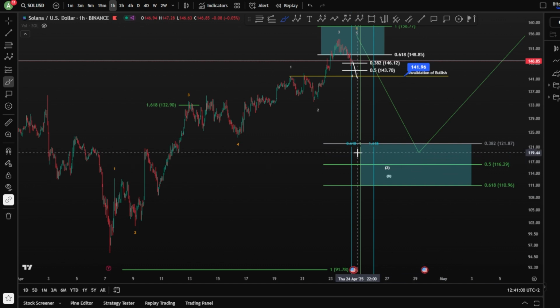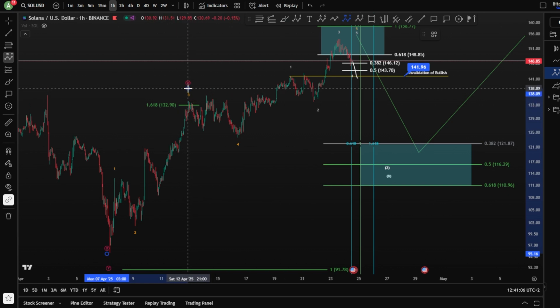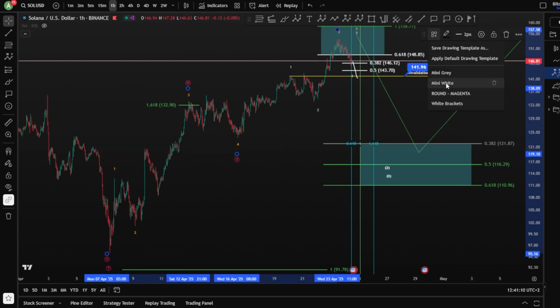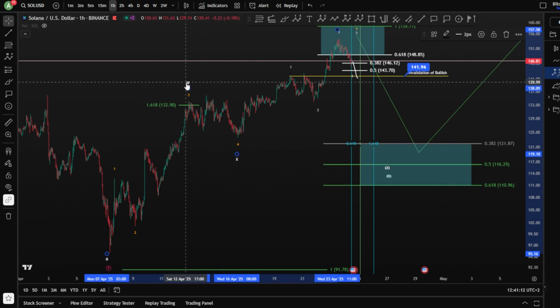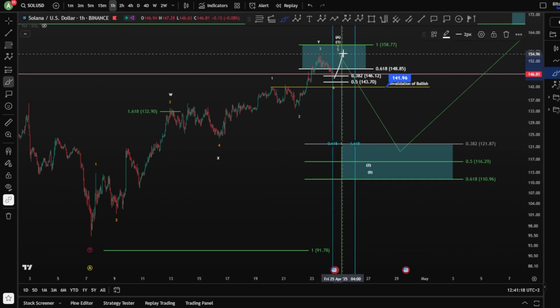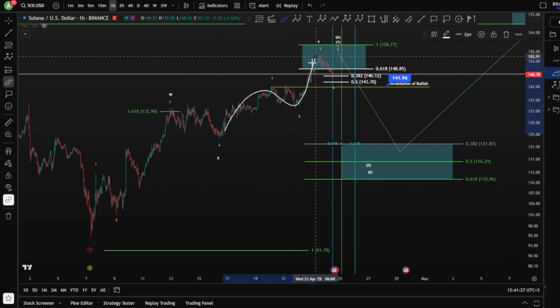Yeah, because this is going to end up again as W, X, and a Y. Let's put as well the label here, W, X, and a Y. Here we go. All right, so you have to be careful. Currently, we are still in the bullish, guys. I'm still looking for higher, just to let you know. But if the price takes this low, yeah, you have to forget about it. Yeah, so you have finished in zigzag here.